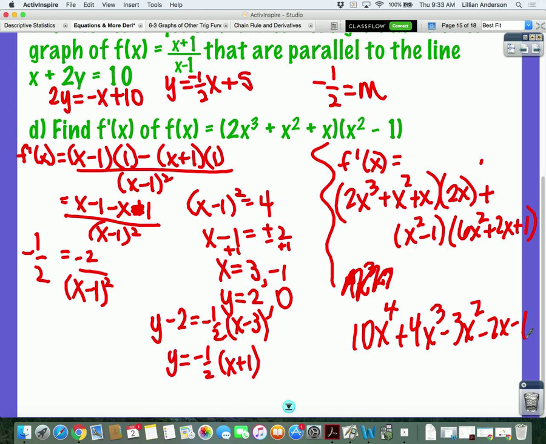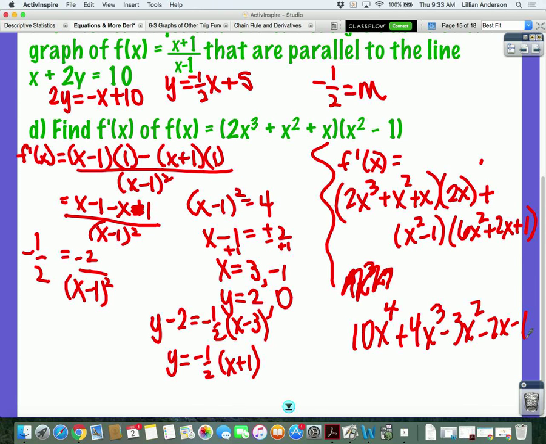Questions on using product rule or quotient rule or writing equations of lines with using these rules? Yes, sir. Still going through part C, trying to find out how you got two different equations. When you need two different points. Okay, so when you took the derivative of that original function, you ended up with that bottom squared.